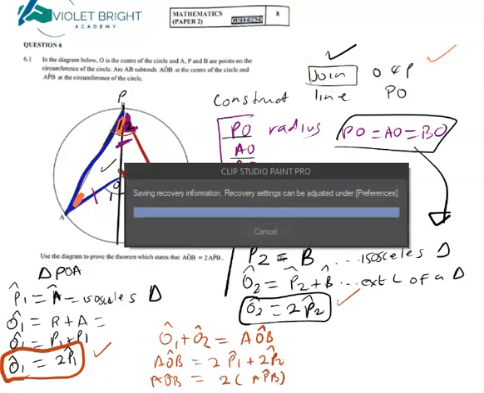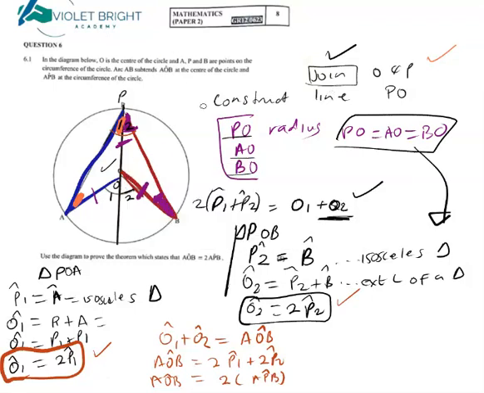From the construction you will find that we have radii, and these radii divide this angle into isosceles triangles. Then you use the grade 9 rules for isosceles triangles and also the exterior angles of a triangle.